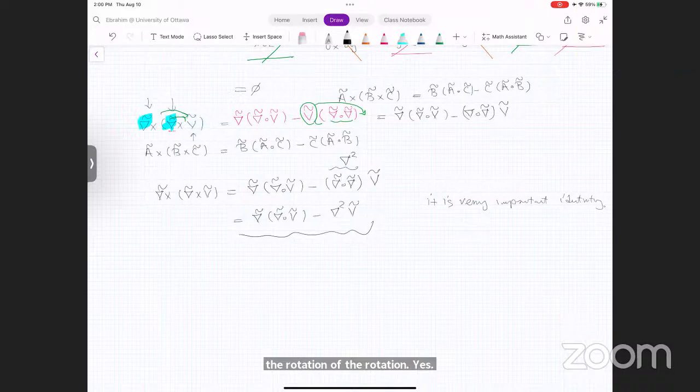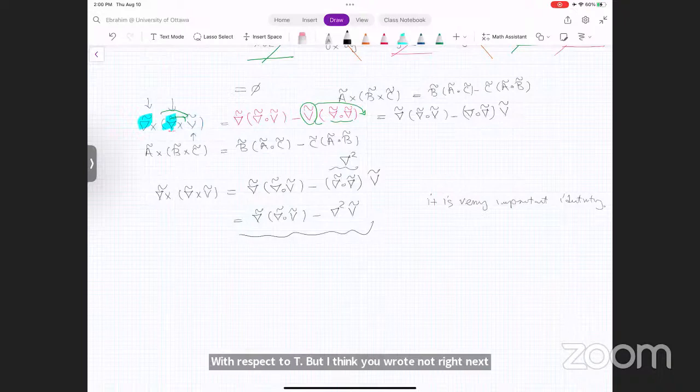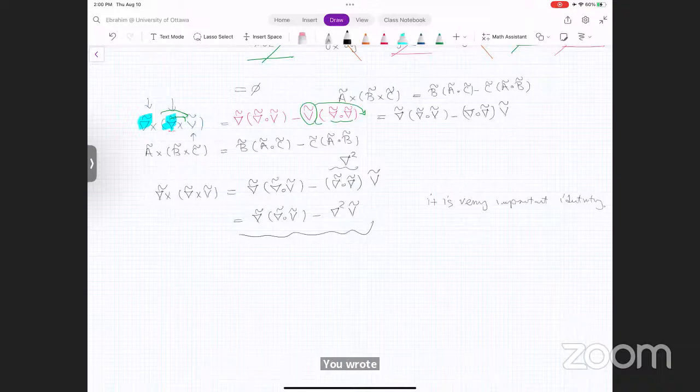This question was about one of the equations you've written: curl of E is equal to minus partial derivative of B with respect to t. But I think you wrote next to it that it's for electrostatics, where you wrote that curl of E is equal to 0, because we don't have any time dependency. Yeah, exactly.